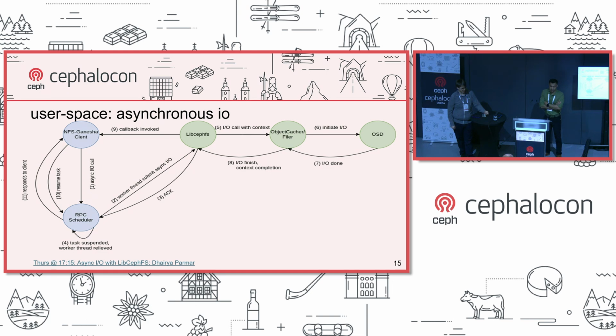So NFS Ganesha, when it wants to do a write or a read from the user space client, passes a callback that gets registered in the objecter. And when the I/O is done, the callback is invoked. This has resulted in a good amount of I/O throughput improvement in NFS Ganesha. That's what Frank Filz reported. We don't have numbers, sorry for that, but it did result in a noticeable improvement.